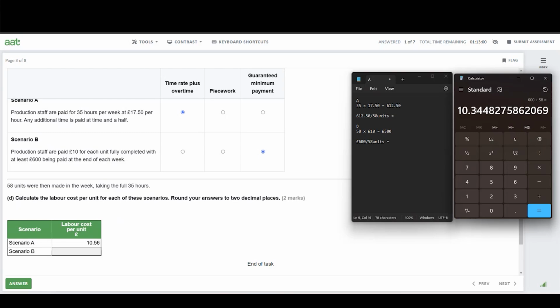So we'll round that to 2 decimal places. So the digit after our second decimal place is a 4. So obviously if it was a 5 and above, we would round the second digit up. It's not, it's below 5, so we will leave our answer there at £10.34.